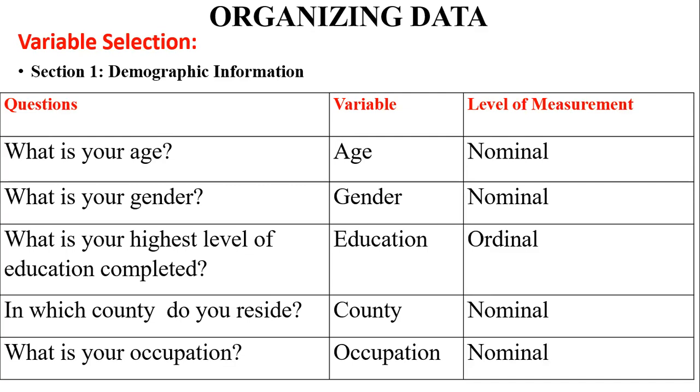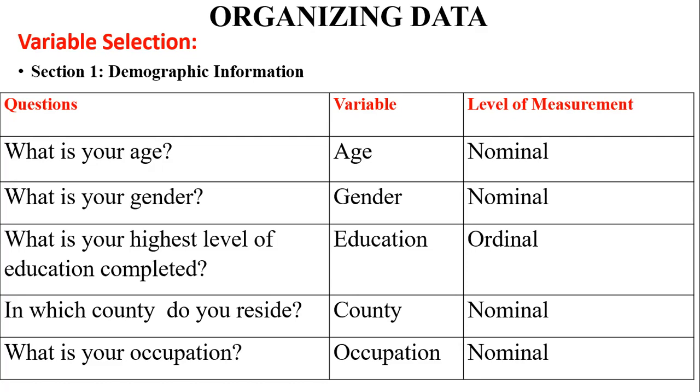The second question was asking the respondent's gender. Now, the variable is gender, and the level of measurement is nominal. Also, when you're looking at the highest level of education completed by the respondent, the variable here will be education, and the level of measurement will be ordinal.